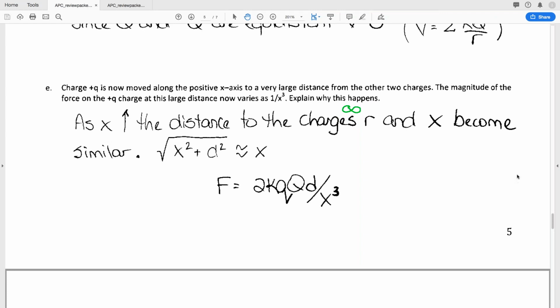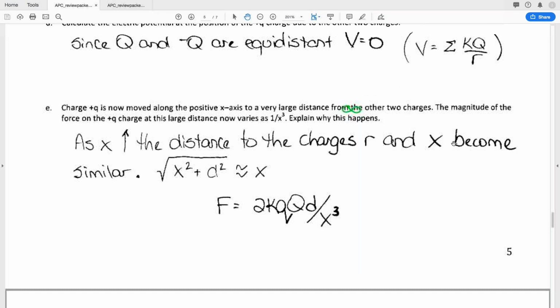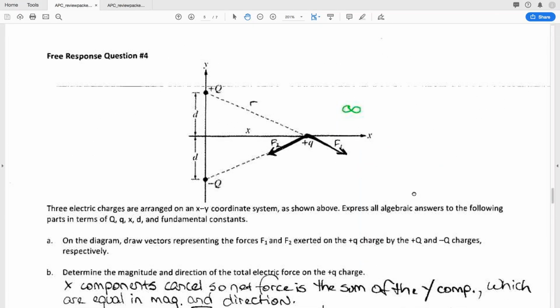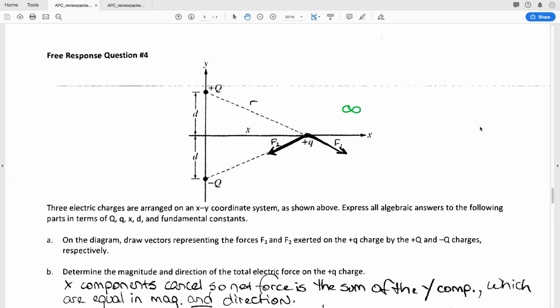So let's take a look at this. X squared plus d squared. Oh, yeah, so let me draw a sketch up here. As this thing gets really, really big, and so the triangle that I've drawn in green here, we're seeing that if this is R, then this is X. The bigger that triangle gets, the more trivial this distance D is, and R and X are almost the same value.